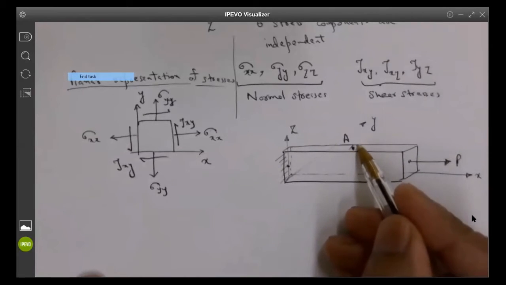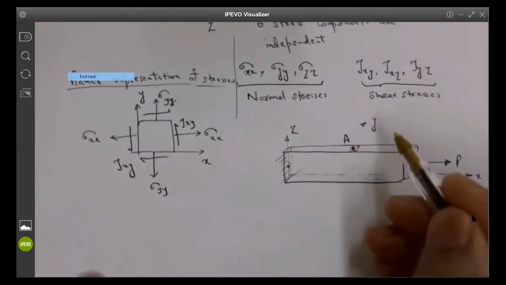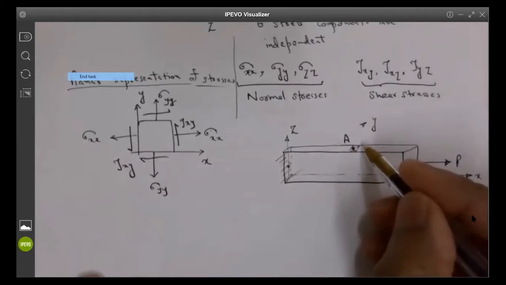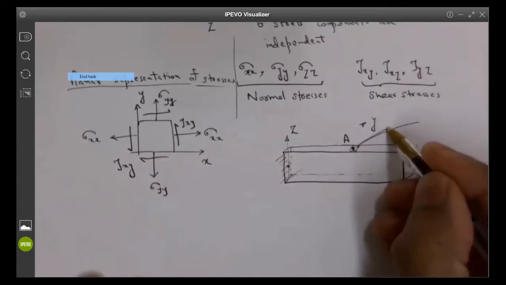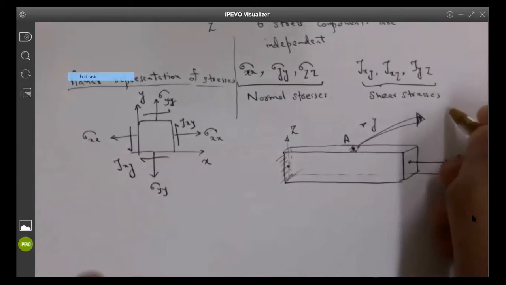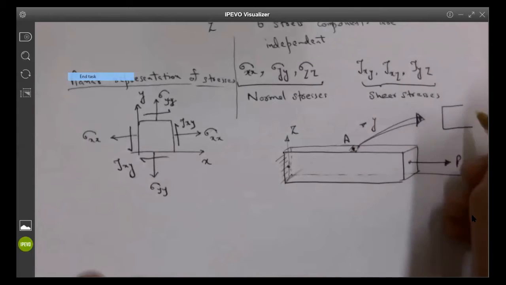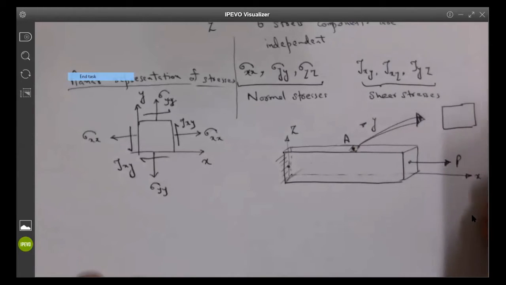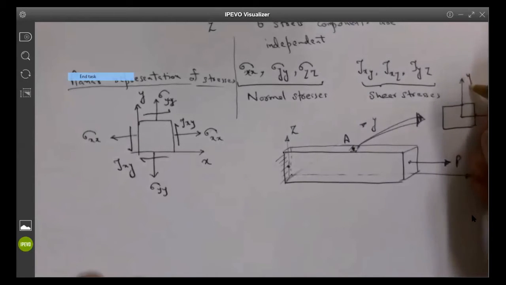If I take a small section of the material and zoom that part out, the stresses would be represented by a plane, which is X and Y. This is for point A.